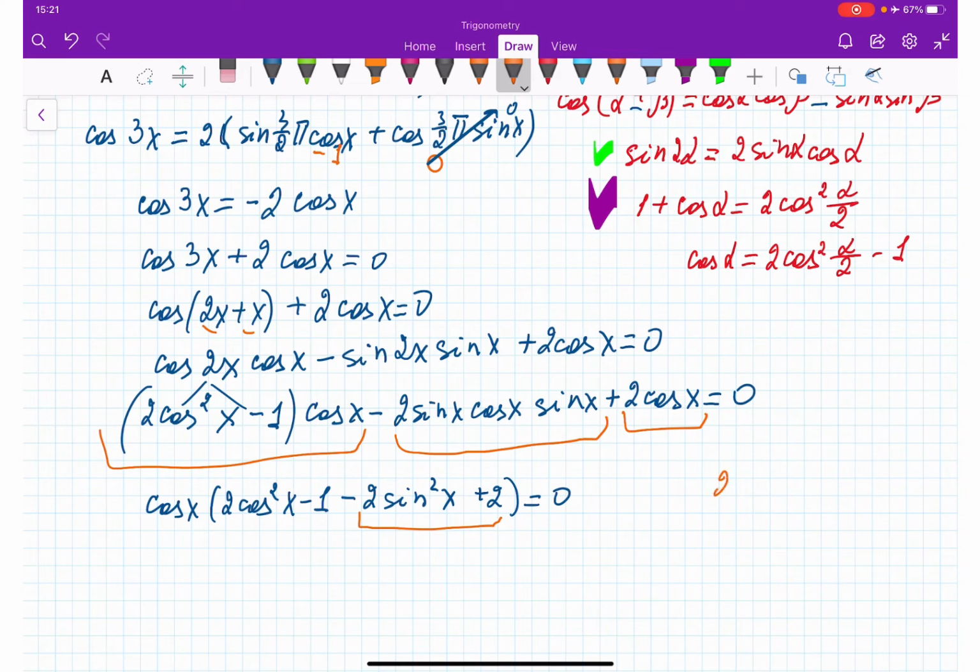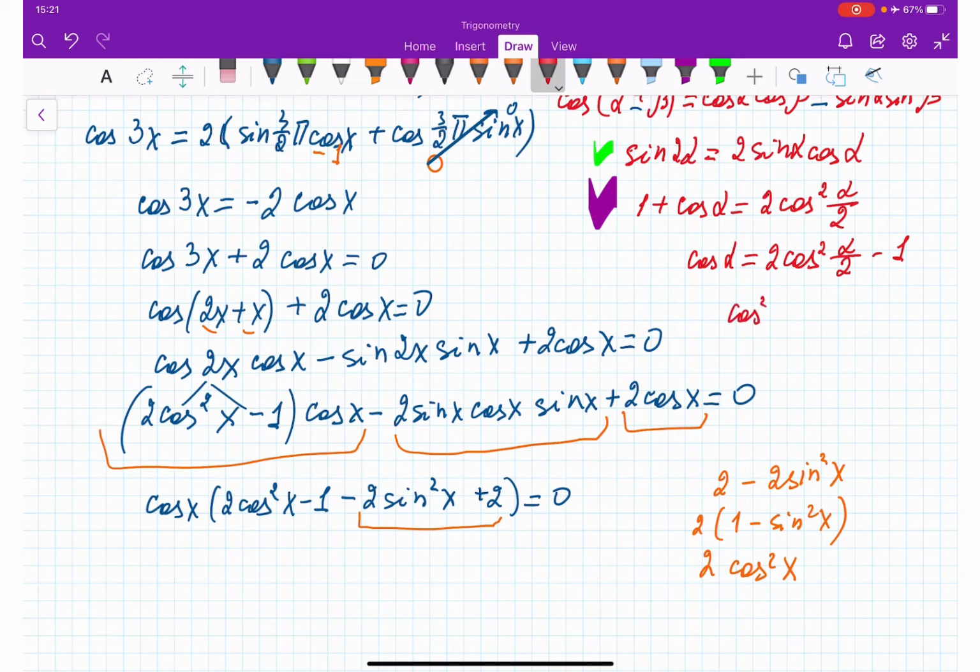I'll write down this way, 2 minus 2 sine squared x. If I take 2 out, I get 1 minus sine square x, right? And it's going to be cosine square x. Why? Because this is a fundamental formula that we all know.